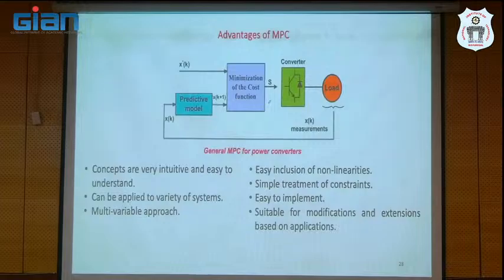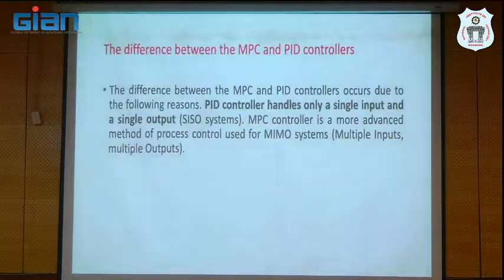This is a very important thing. A PI controller is only single input and single output, but a model predictive controller processes multiple input and output signals. This is the basic difference between MPC and PI controllers.